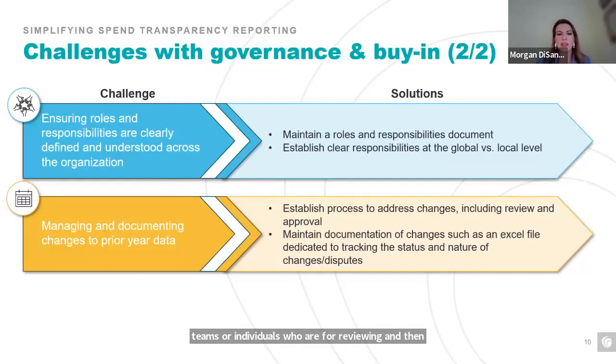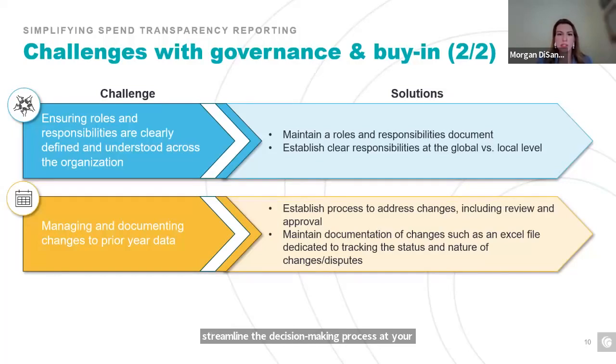And not only that, but also defining who is going to handle escalations, how resolutions to disputes are going to be handled, and then documenting all that information to streamline the decision-making process at your organization.